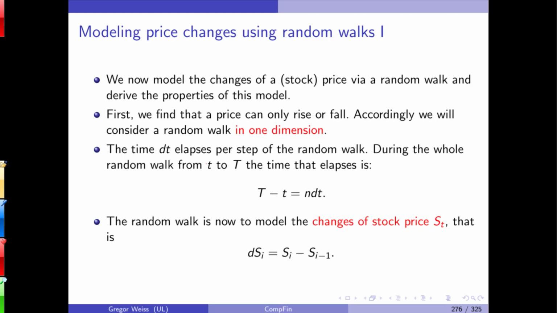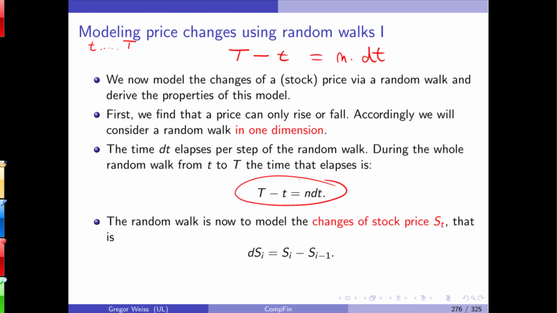D already indicating a difference. This is a delta, the delta in time, dt. During this whole random walk, from small t to capital T, we have n steps. So each step has the length in time dt. So n times dt should equal the time that elapses from t to capital T, and that's obviously capital T minus t.